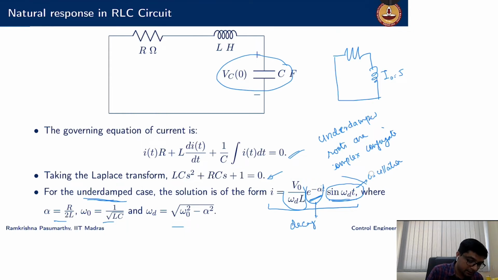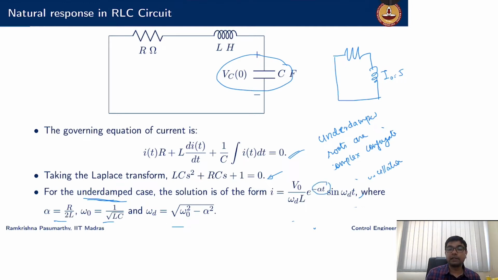Okay, let's erase this and look a little closer. I have this quantity alpha, and this is responsible for the decay of those oscillations. Now this alpha is directly related to the resistance.